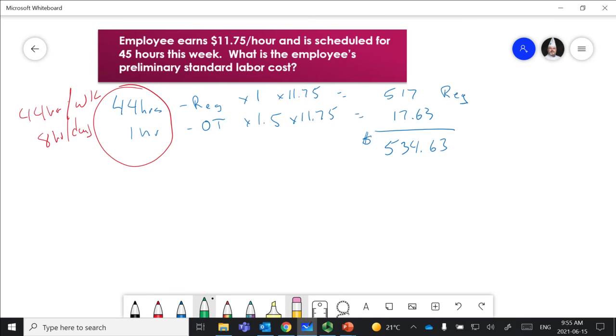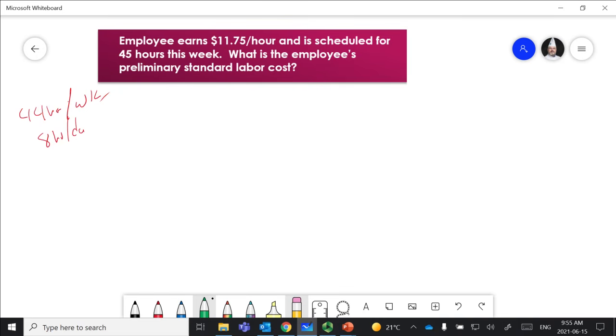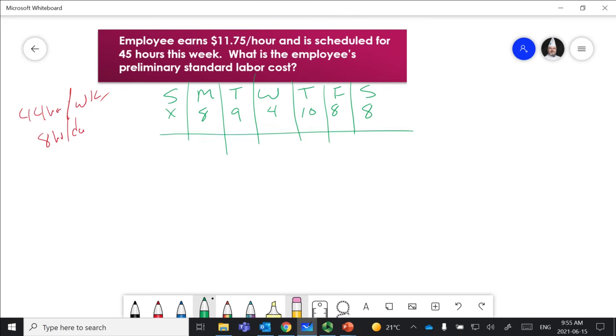If we knew what their schedule was, let's say we knew Sunday, Monday, Tuesday, Wednesday, Thursday, Friday, Saturday, and they were off on Sunday, but they worked 8, they worked 9, they worked 4, they worked 10, they worked 8, and they worked 8. Okay? So right off here, we're going to figure out our regular time and our overtime.